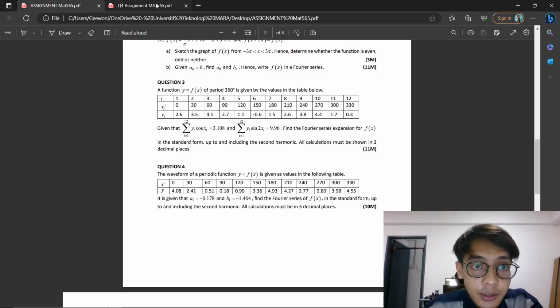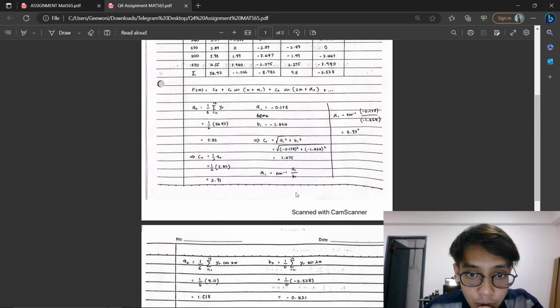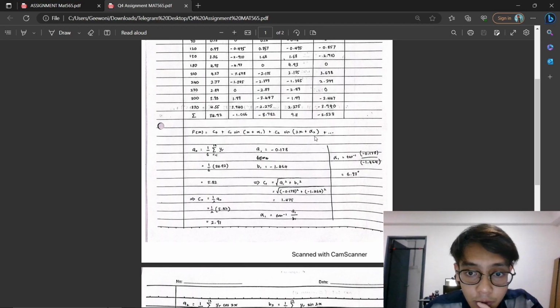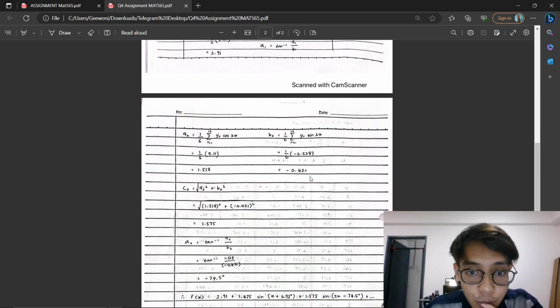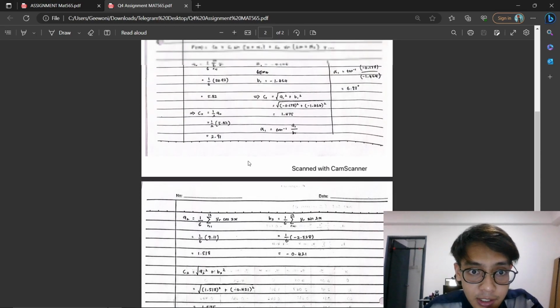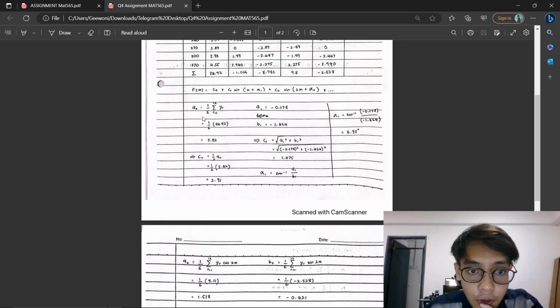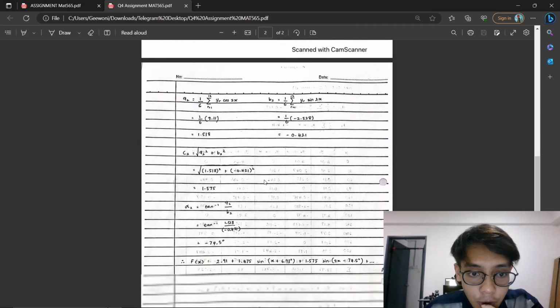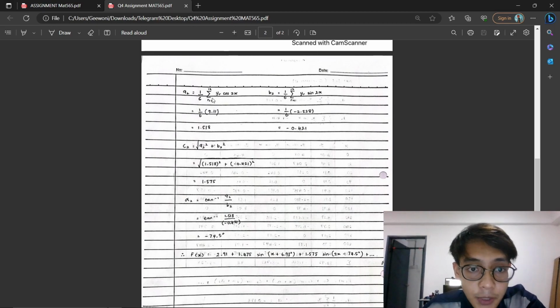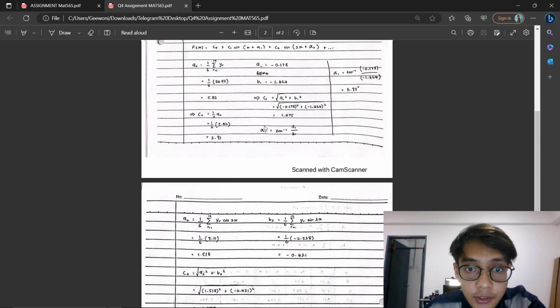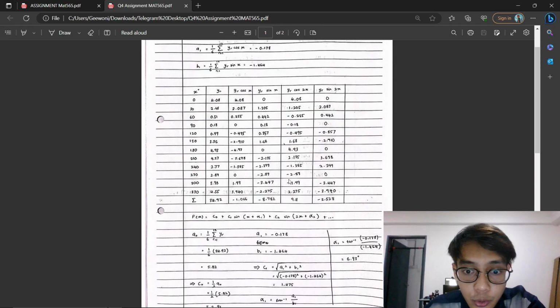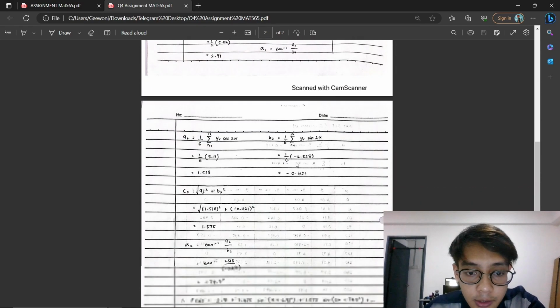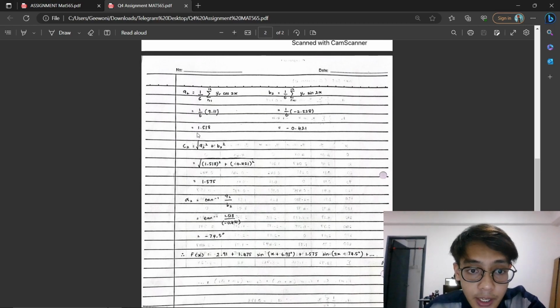So this is the reason why we need to find C2 and also alpha 2. To do it, it has the same solution as for A1 and B1. For A2, we just multiply 1 over 6 with the sum of y_r cos 2x. The total for y_r cos 2x is 9.11, and we just multiply it. Then we get the answer 1.518.